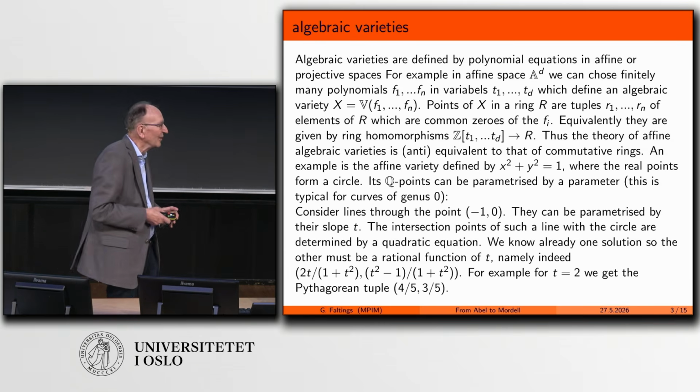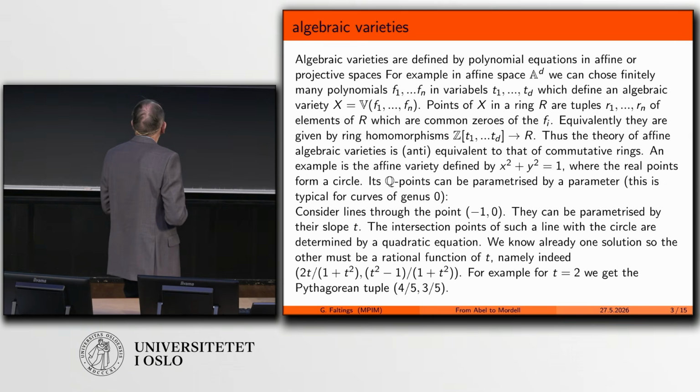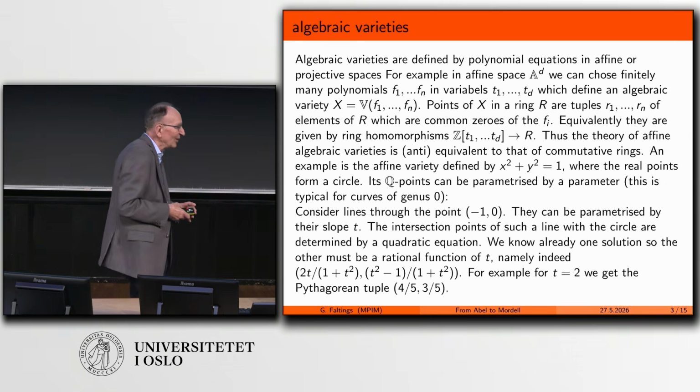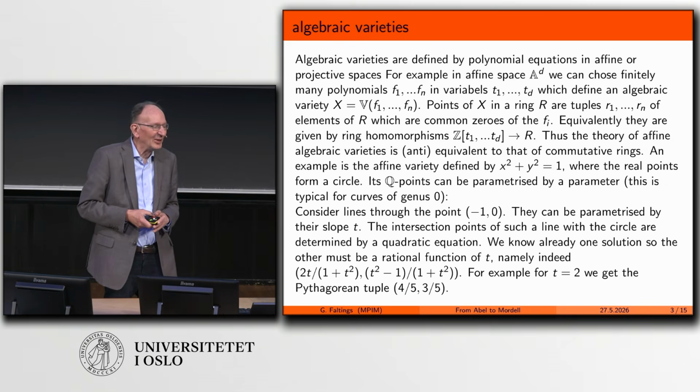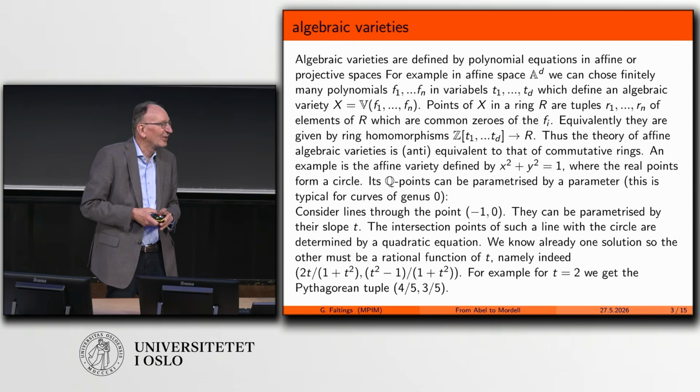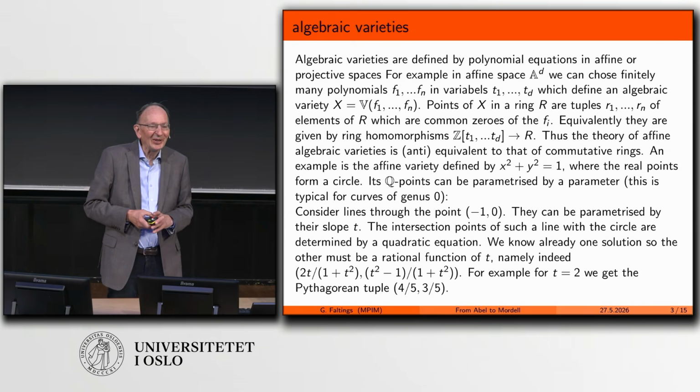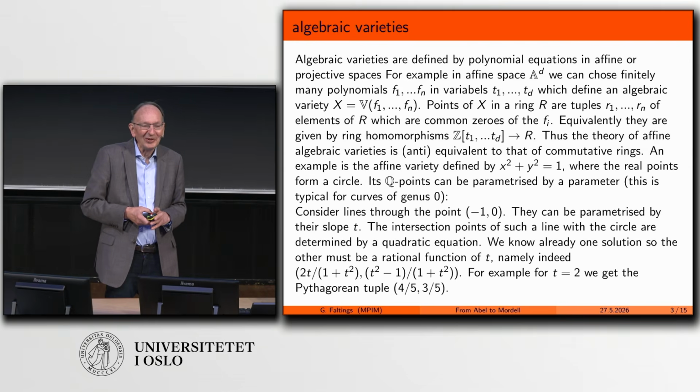So if you look at the zeros of some polynomials f_i, then you can take the polynomial ring divided by the ideal generated by the f_i, and then the points of this variety in any ring are the homomorphisms into the ring.